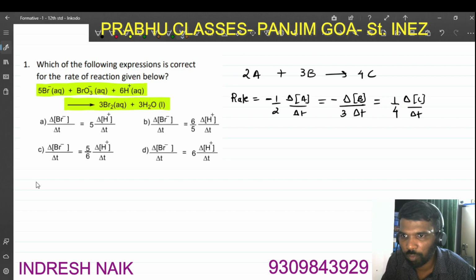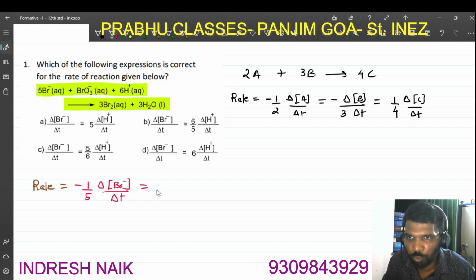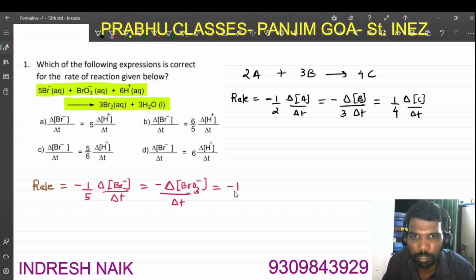Rate is equal to minus 1 by 5 change in concentration of Br minus by delta T. Also, I can write rate is equal to minus change in concentration of BrO3 minus by delta T. Also, it could be written as minus 1 by 6 change in concentration of H plus by delta T.